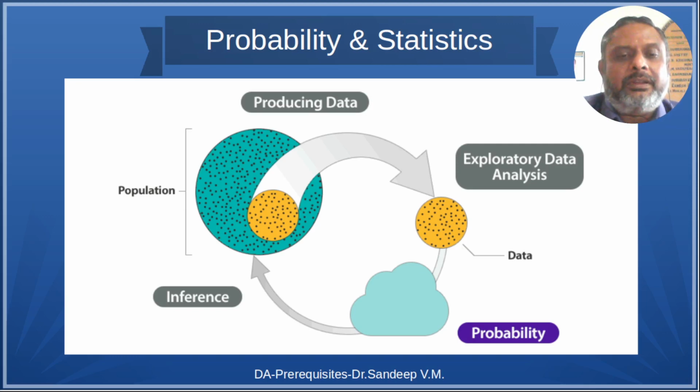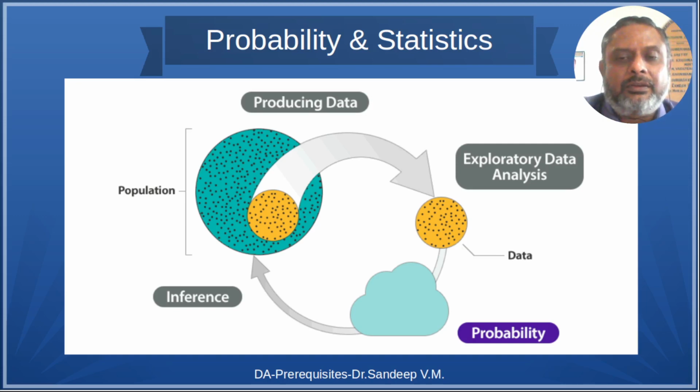Probability and statistics is a science where we take a sample of data from the population and we work on the sample. A handful of data we collect from the infinitely large population of data, and on this data we do some experiments and tell probabilistically that the whole population may look like this.